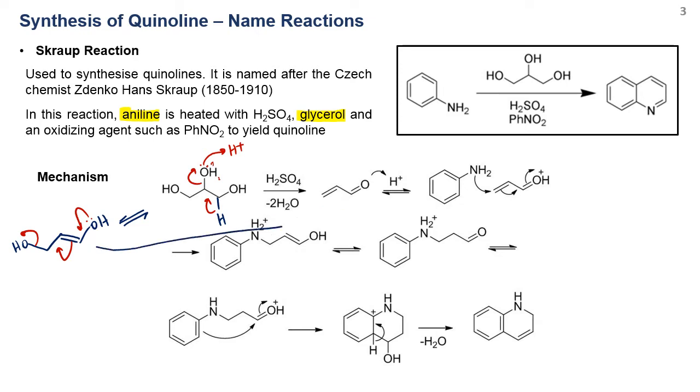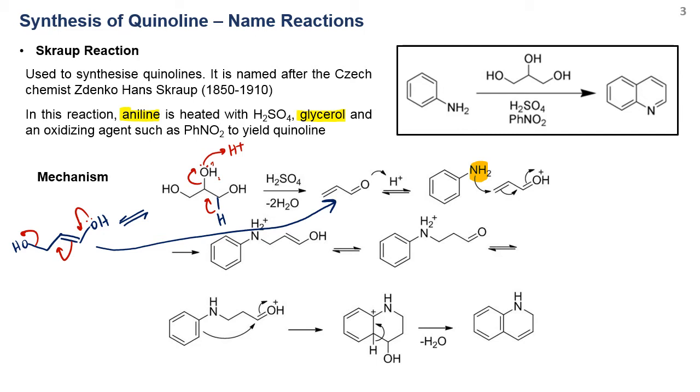So this is the real electrophilic species that the aniline can attack, using the nucleophilic nitrogen at the beta position, the conjugate addition.